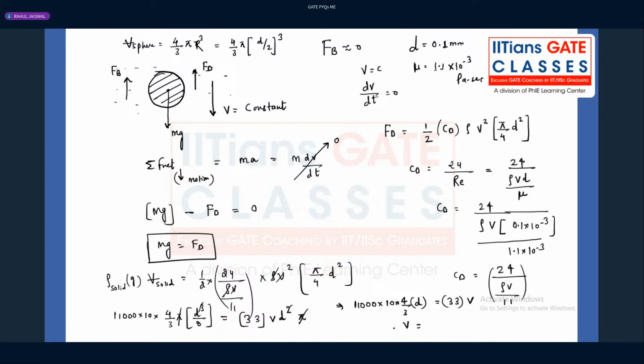From here, what is the value of v, guys? Because the diameter is given as 0.1 mm, if you substitute, you get 11,000 into 10 into 4 over 3 into 0.1 divided by 1,000. So what can you get here, guys?